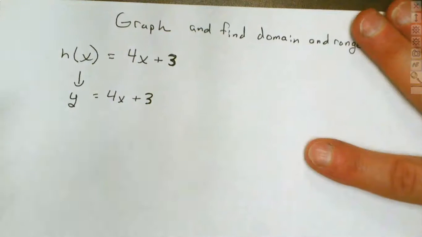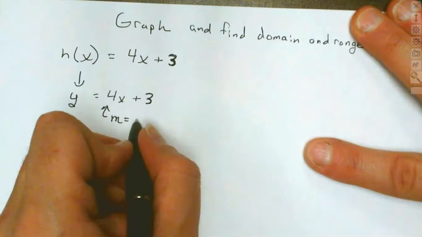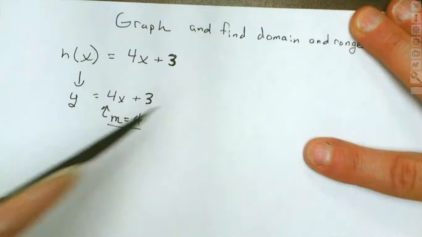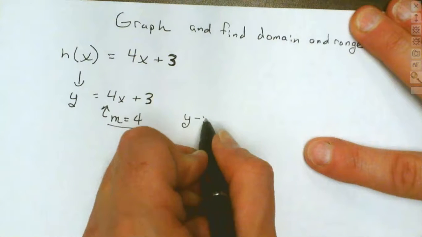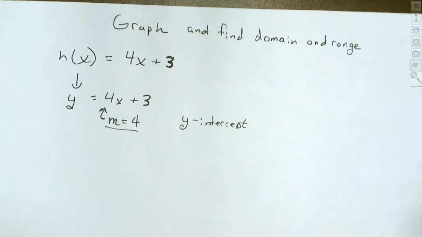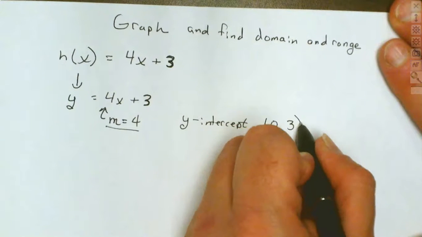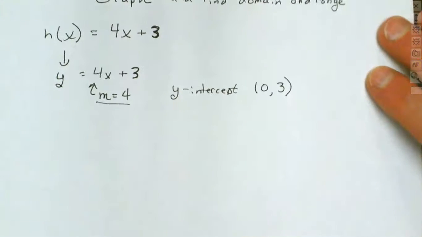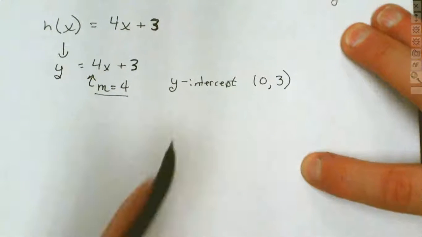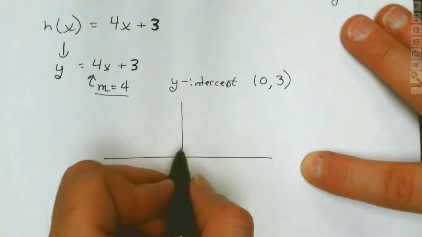Now, what are we going to do? Well, this is in slope-intercept form. So my m in this case is a 4. And my y-intercept would be what? My y-intercept would simply be 0, 3. Nothing new. How would you graph it? We've got our y-intercept at 3.